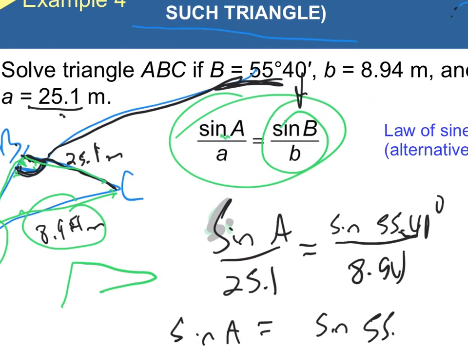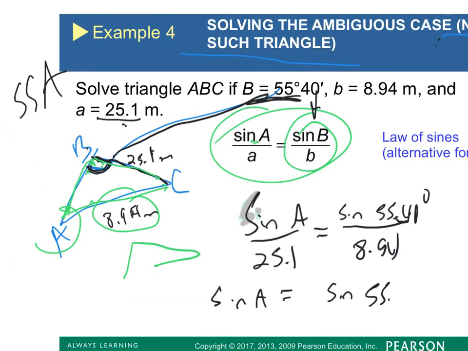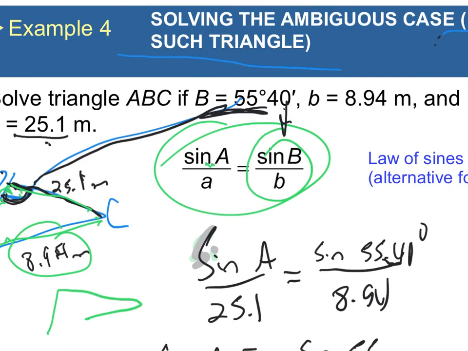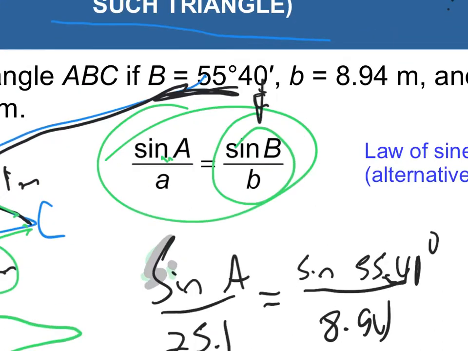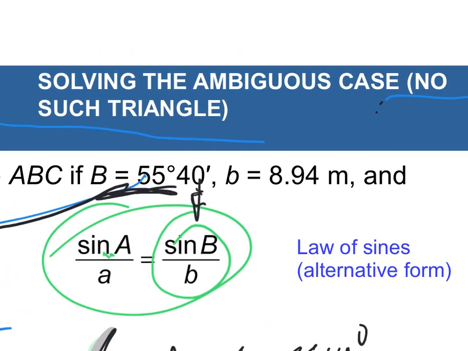I didn't even notice it. I wasn't paying attention. It's 40 minutes. I didn't even see that. I've got to key that in differently. Remember, I key that in as 55 plus 40 out of 60 degrees with my calculator.